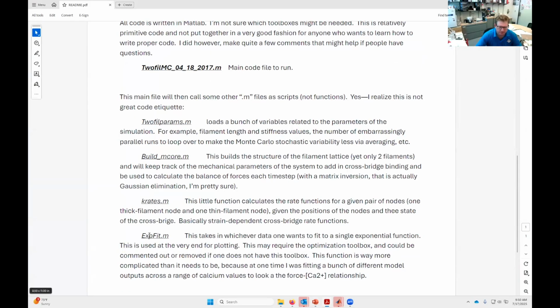And then at the end of the simulation, I just fit the response to an exponential function. You can totally comment this out if you don't have whatever toolbox is required to do the optimization to minimize that function, which I think is the optimization toolbox.